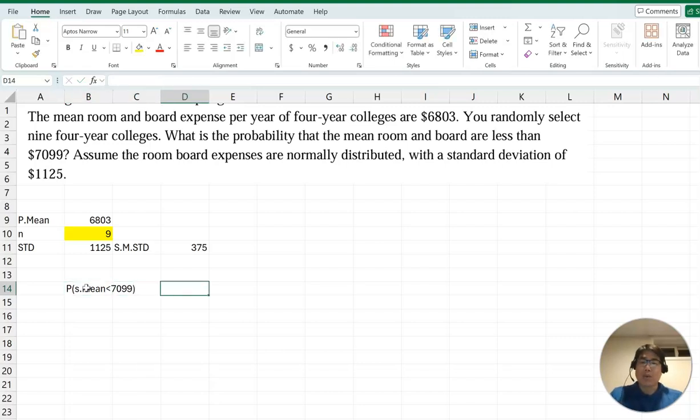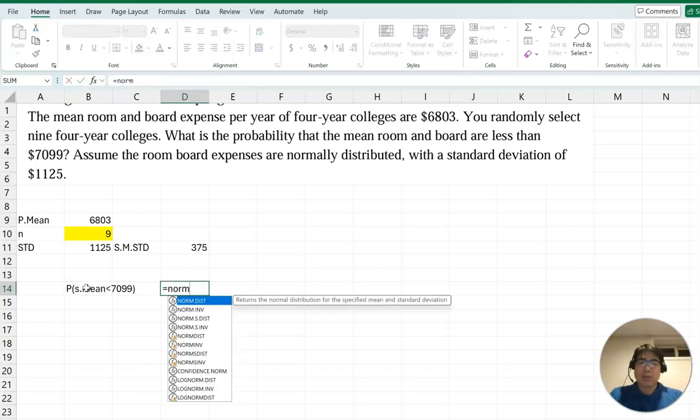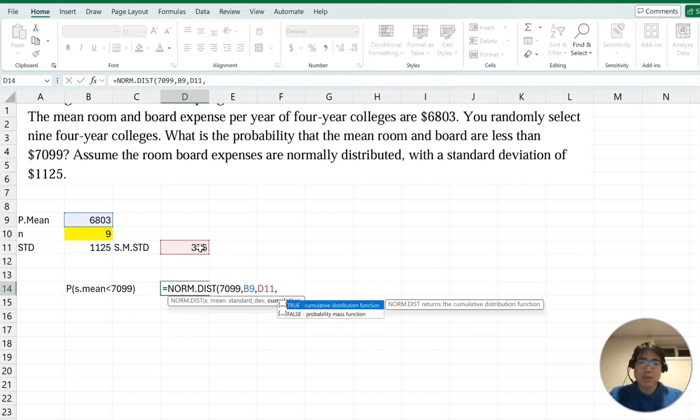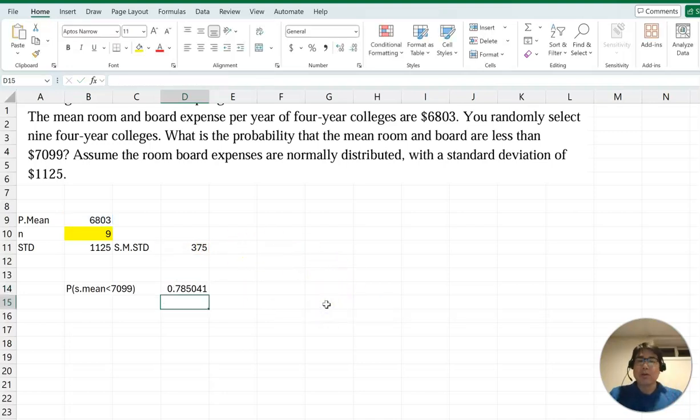We use the normal distribution: type 7099, comma, the population mean, comma, then the sampling mean standard deviation. For cumulative, that will be true here. That should be the answer for this problem.